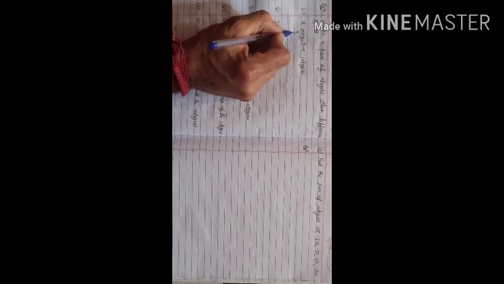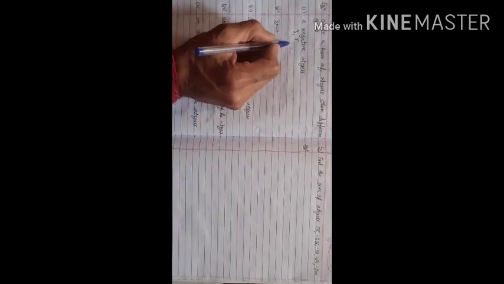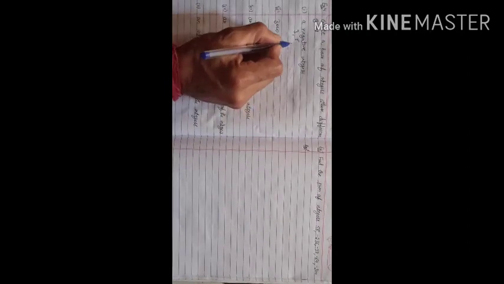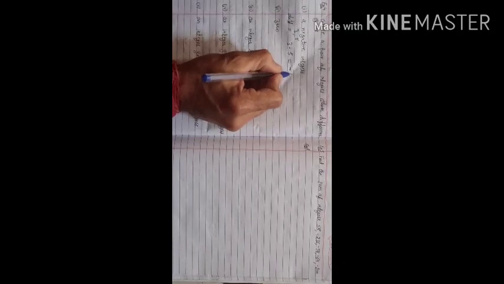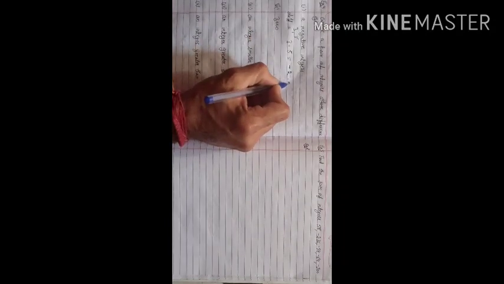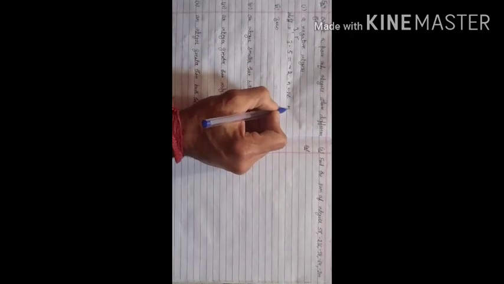Next, fourth example is write a pair of integers whose difference gives a negative integer. So pair of these two integers is 3 and 5. Now we have to take a difference, 3 minus 5, that is equal to minus 2, which is a negative integer.